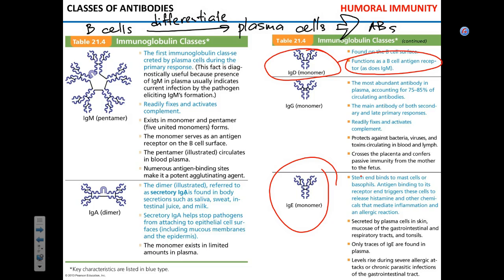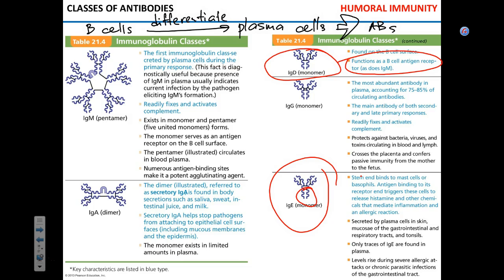So the constant region of IgE sticks to cells like basophils and mast cells. And when it interacts with antigen, it causes degranulation. We will talk about the allergy response mechanism. Don't worry about it. What you have to appreciate is that IgE is the antibody responsible for allergy development. Okay, good?